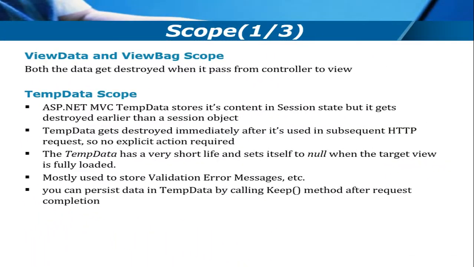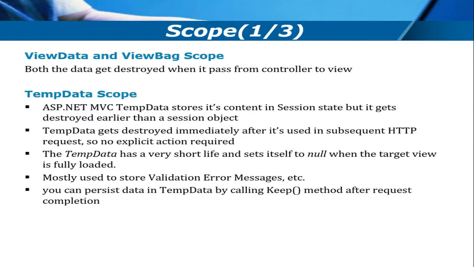TempData internally uses session state, but it is destroyed earlier than the session object. Most of the time, if you want to store any validation error message, then we use the TempData object. You can also persist your TempData by calling the Keep method after request completion.